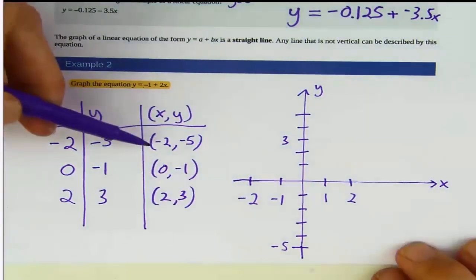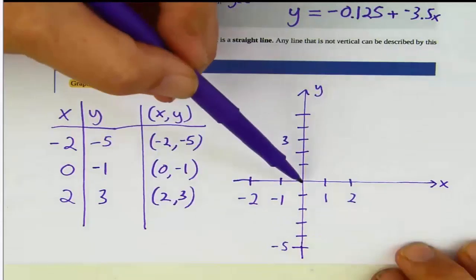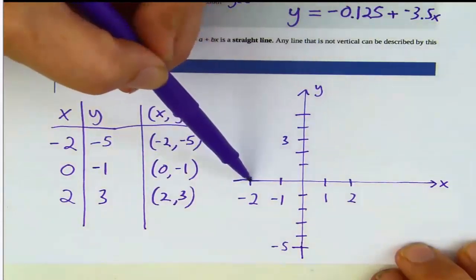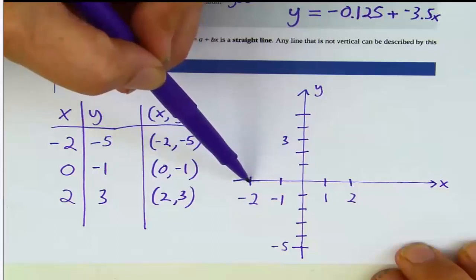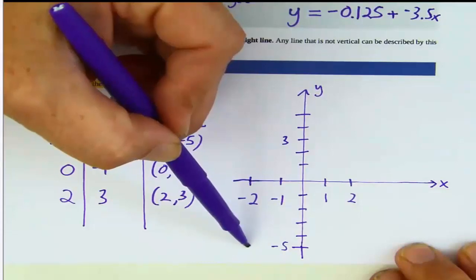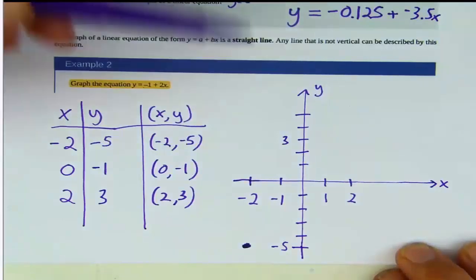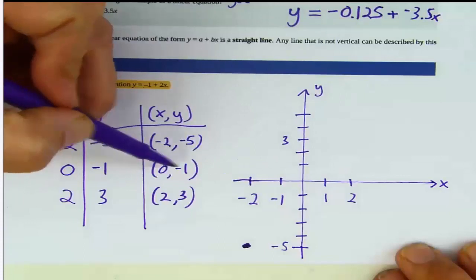So now the first point is -2 comma -5. So from the origin, I'm going to move along the x-axis to -2, and then I'm going to move down in the y direction to where the location of -5 is along the y-axis, and I'm going to put a point down. Then the next point is 0 comma -1.